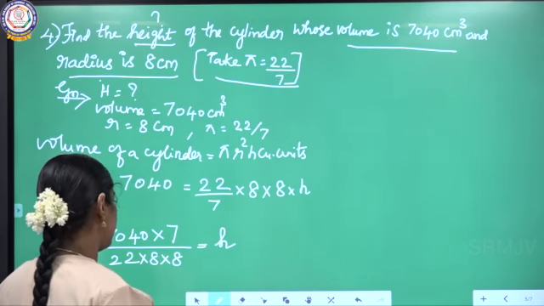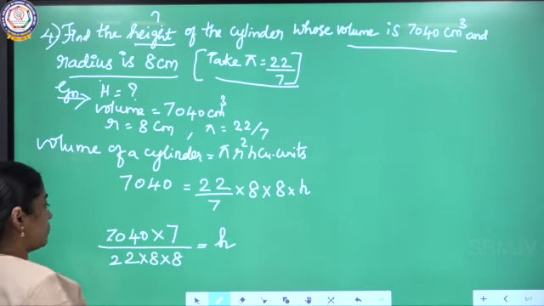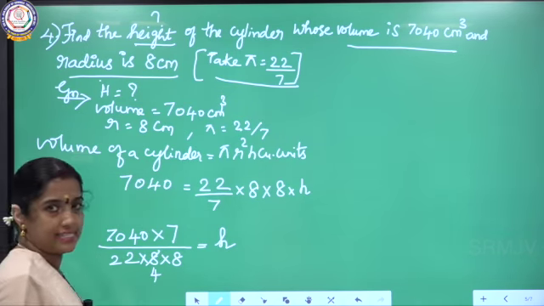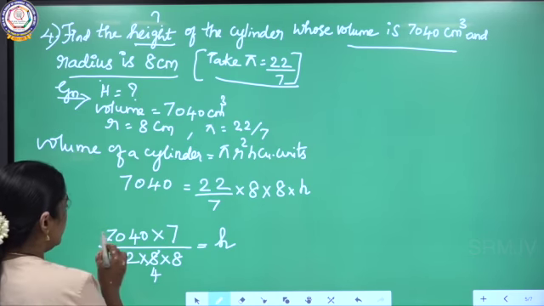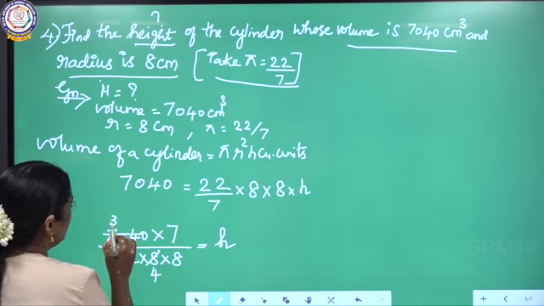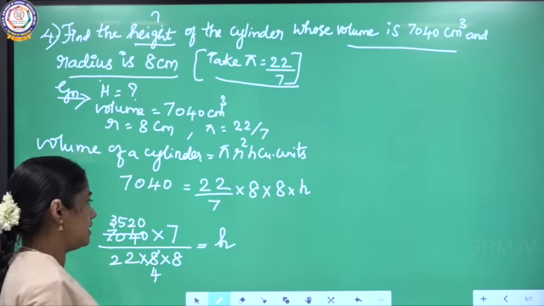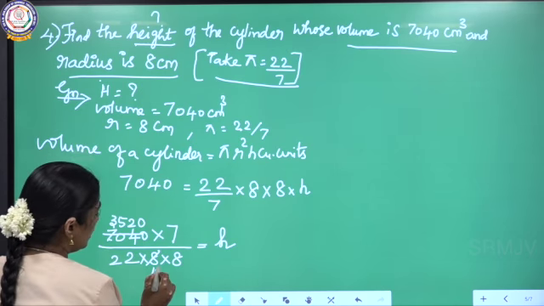Now I can cancel this. Shall we cancel by 2 table? Yes. Listen. 2 4s are 8. Got it? 2 4s are 8. Here 2, 3, 5, again 20. Can you clear this? Next I can cancel this by 2 table.